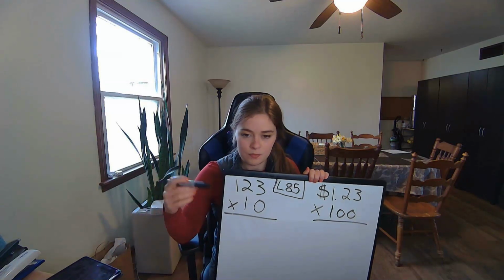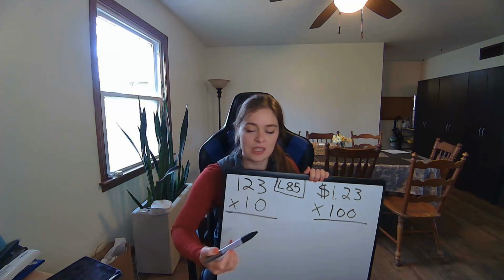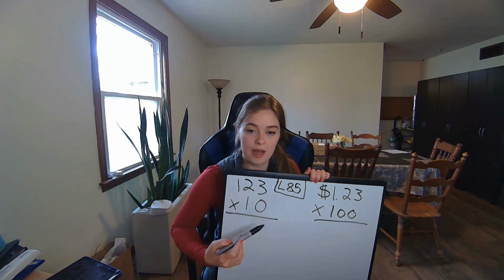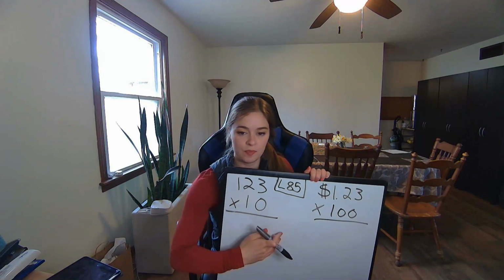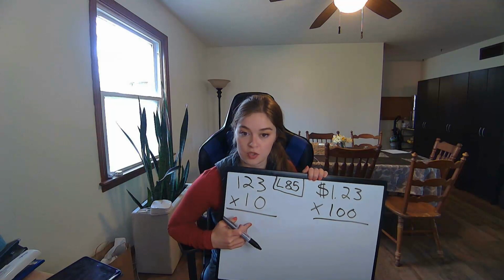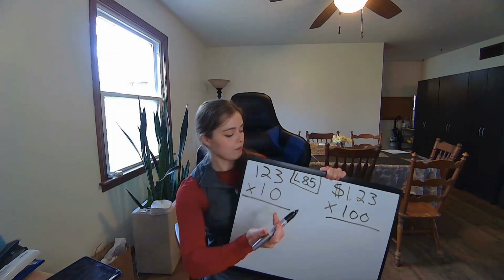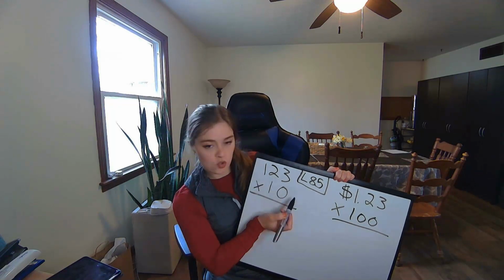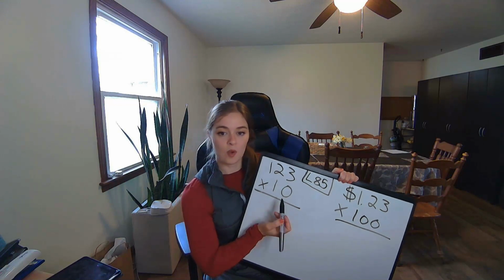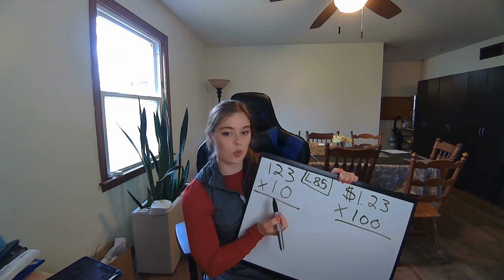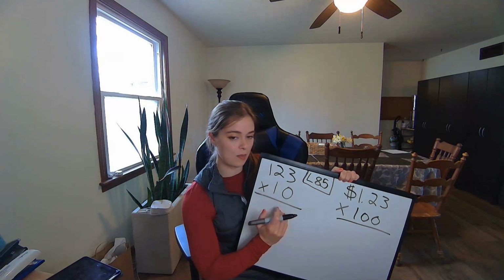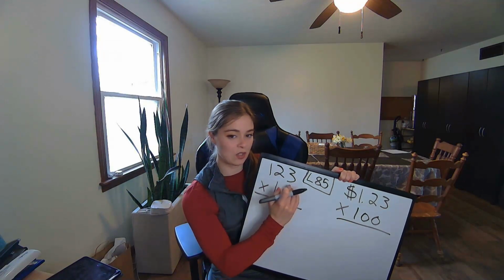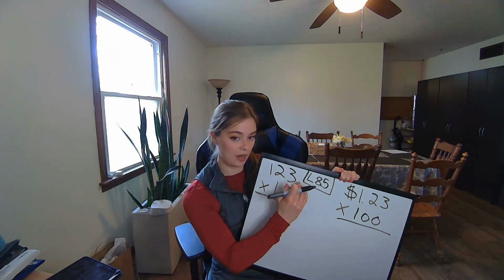Okay, so lesson 85 is about multiplying by multiples of 10. So for example, this one's going to be a little more familiar to you because we've done something like it before. So we have 123 times 10. Multiples of 10 are really nice because basically what we're doing in multiplying a number by 10 is adding a 0 to that number.